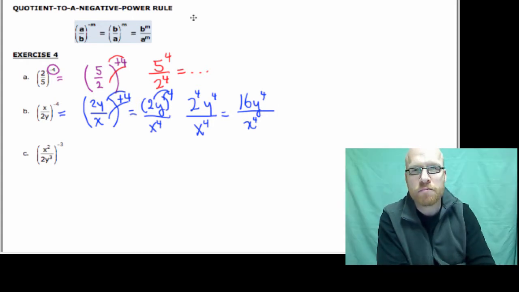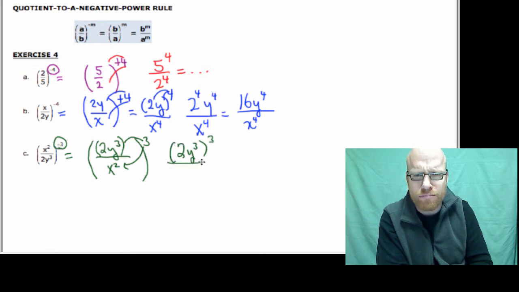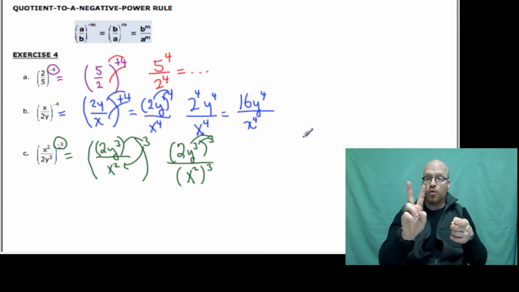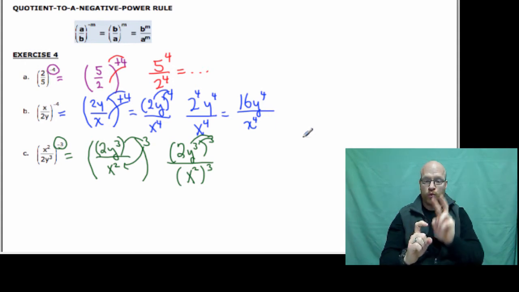Now we'll look at our last example, C. Remember our power rule for exponents. 2 to the 3rd power, y cubed to the 3rd power again becomes y to the 9th power.